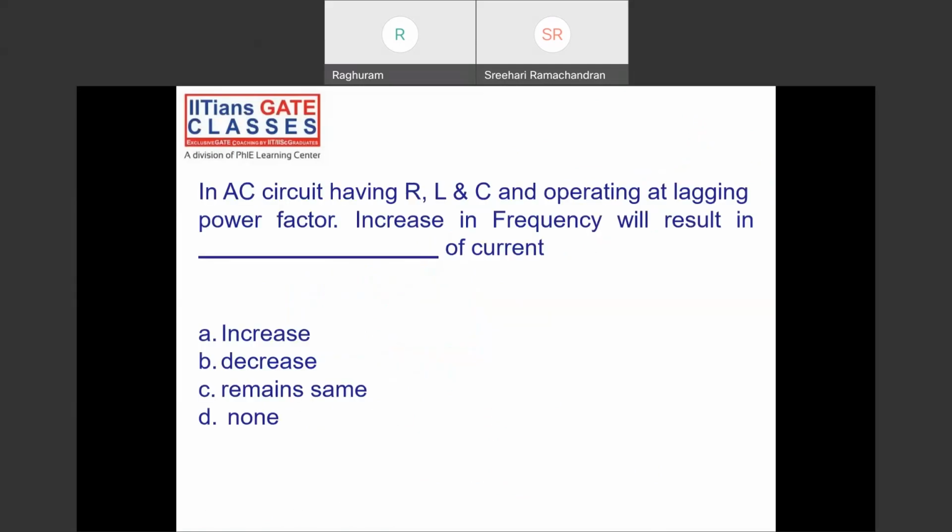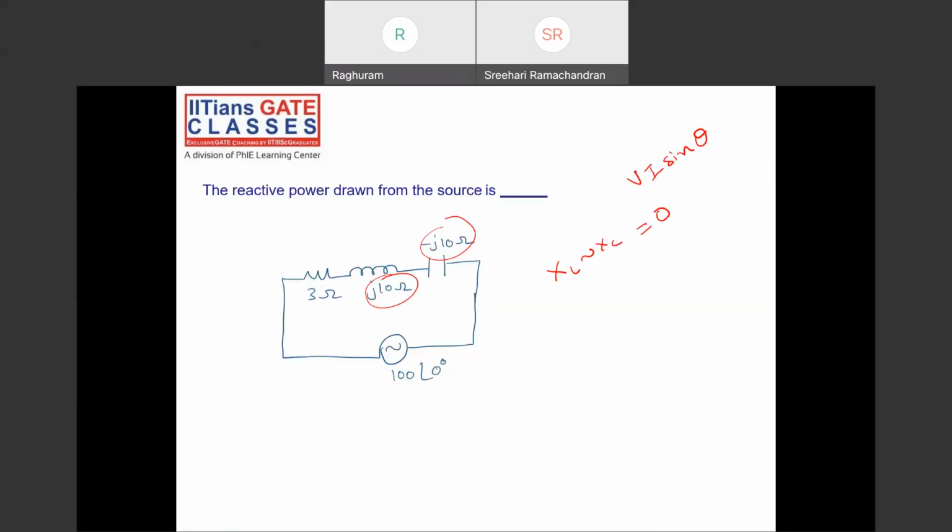If X is 0, Z is equal to the square root of R square plus X square, where X is XL minus XC, whole square. If X is 0, Z is equal to R. Power factor cos theta is R by Z, which is 1. Cos theta is 1, so sin theta is 0.